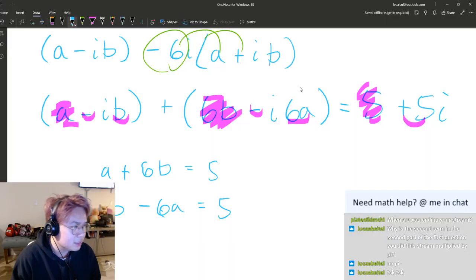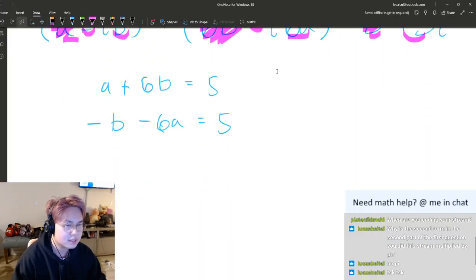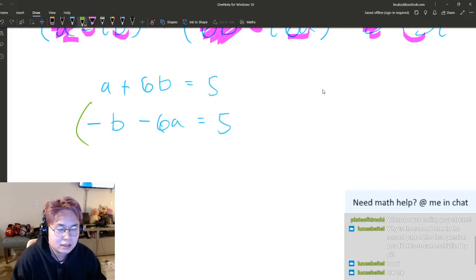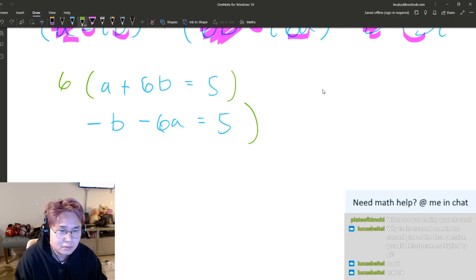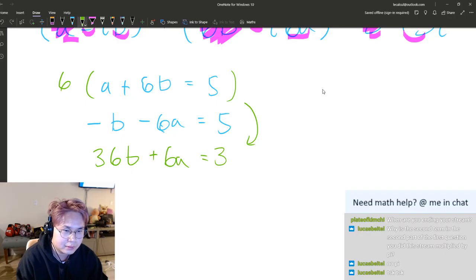Okay, and then we just solve this equation. Let's see. I'm going to multiply this by 6. So I get, well, and then rearrange this so everything lines up a little better. And then I add these equations together.